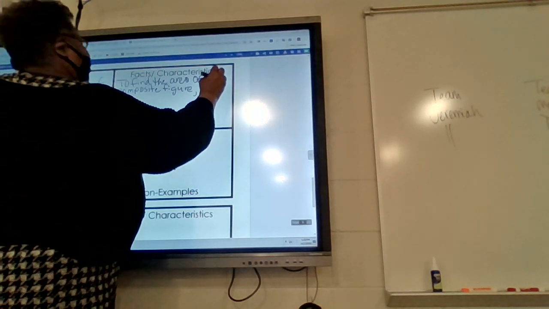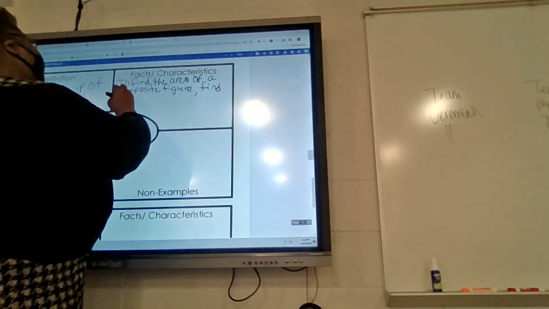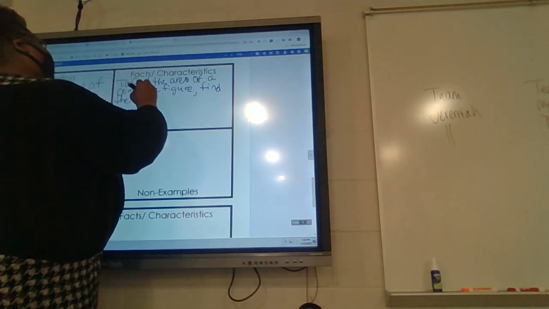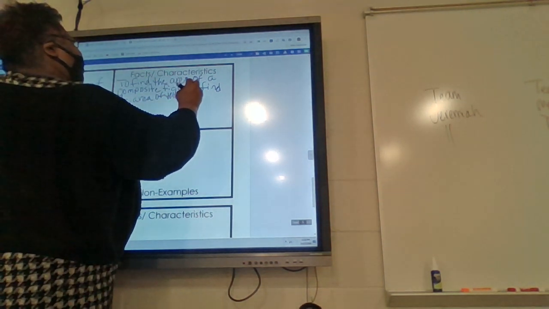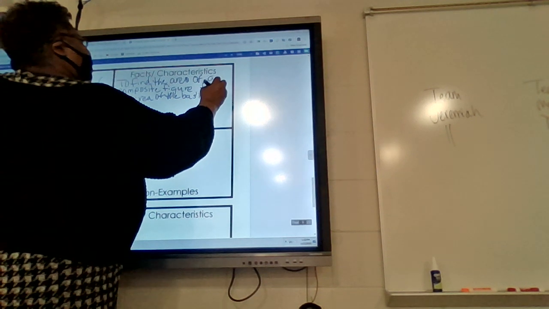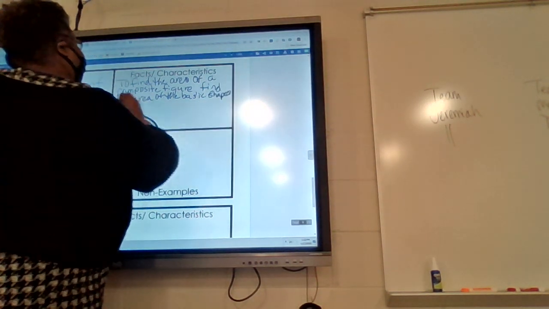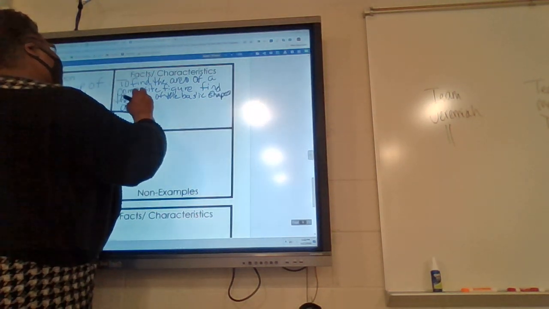Find the area of the basic shapes and add them together.